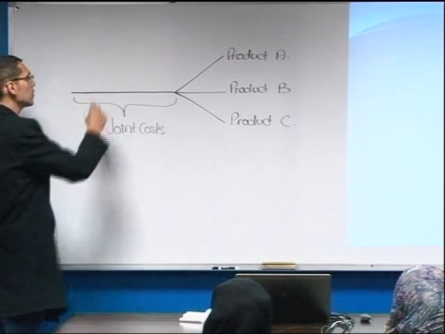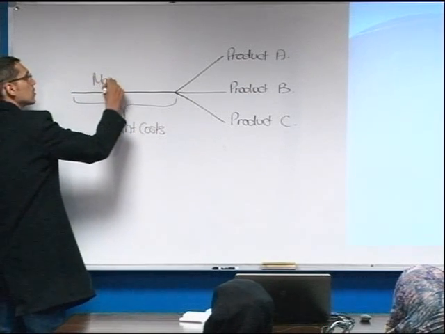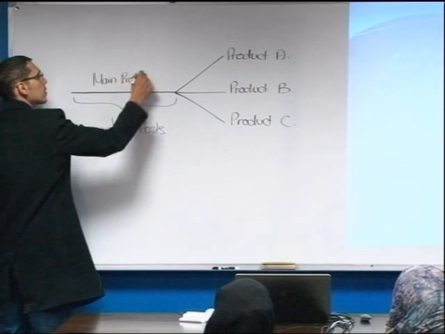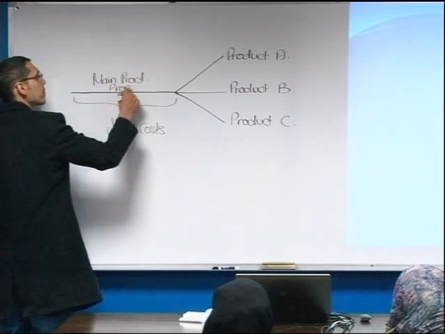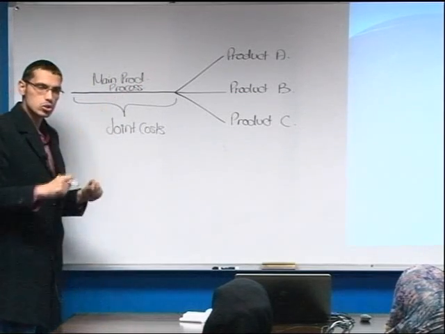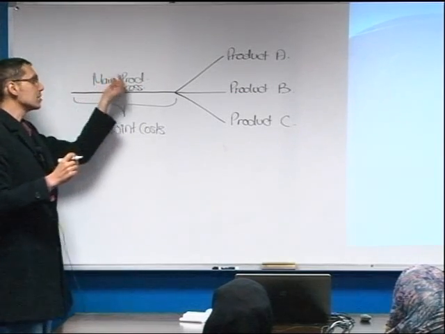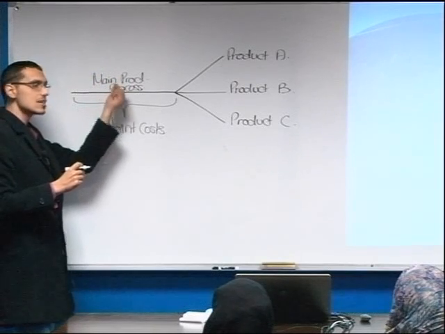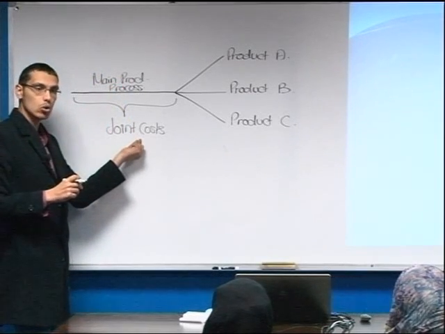This is the main production process. Therefore, all the costs incurred in this main production process are called joint costs.